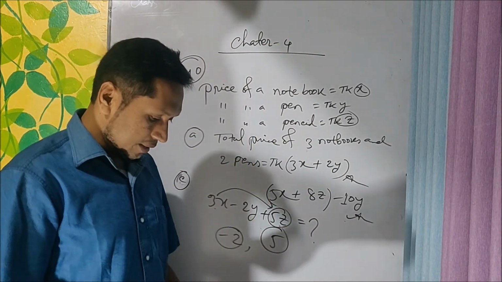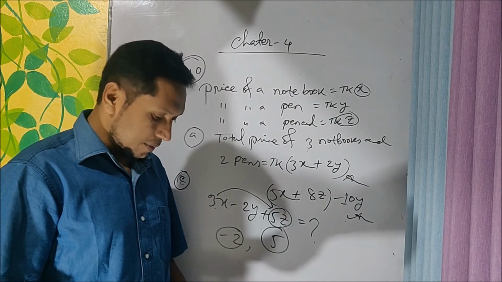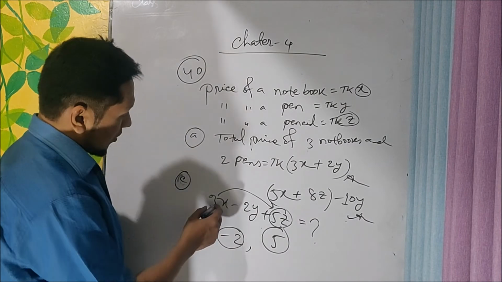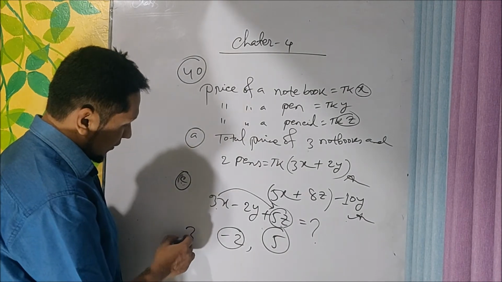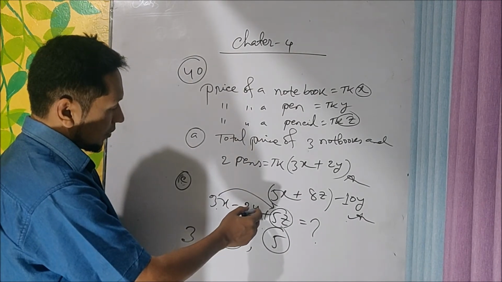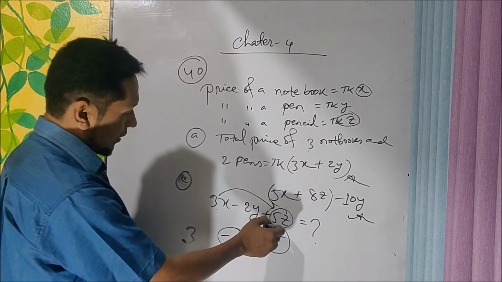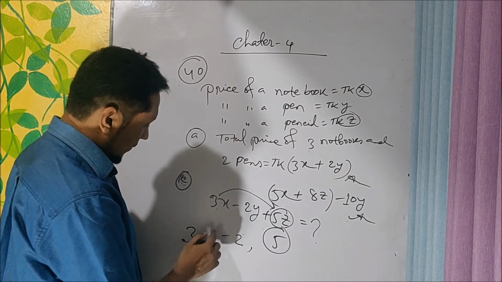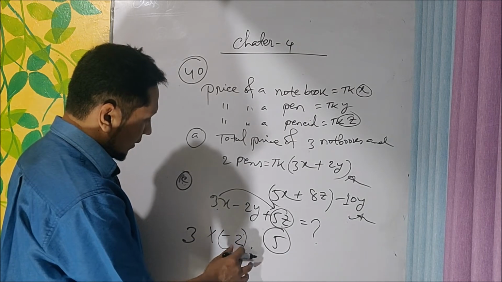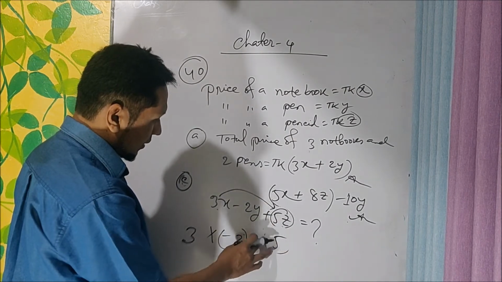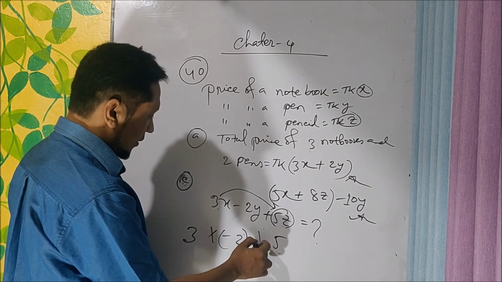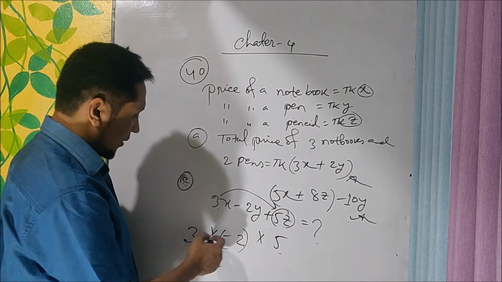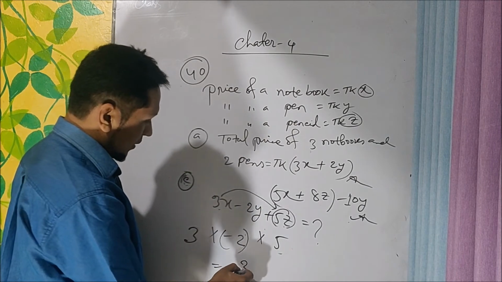The last part says, what is the product of numerical coefficients of x, y and z? The numerical coefficient of x is 3, the coefficient of y is minus 2 and z is 5. So if we multiply them we will get the desired answer. 3 times 5 is 15, times minus 2 is minus 30.